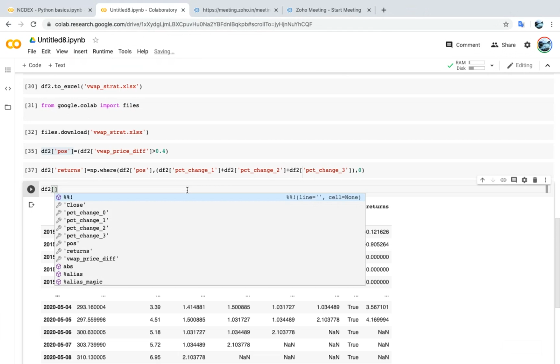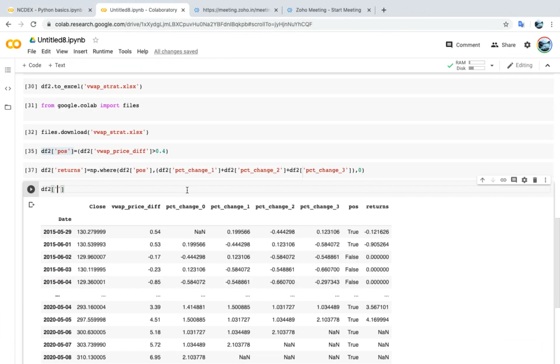df2 returns. We are taking the cumulative sum of this column and we are trying to plot it to see how it looks.